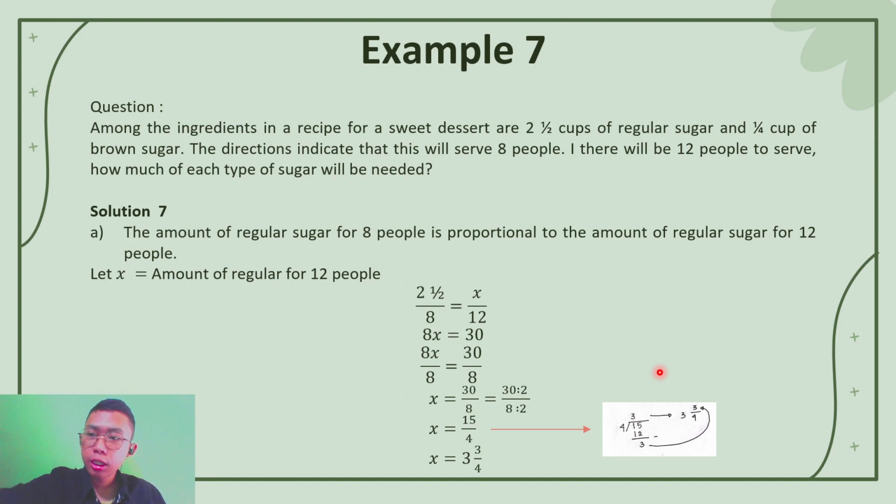The solution is A. The amount of regular sugar for 8 people is proportional to the amount of regular sugar for 12 people. Let x be the amount of regular sugar for 12 people.